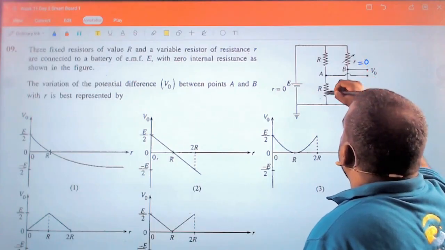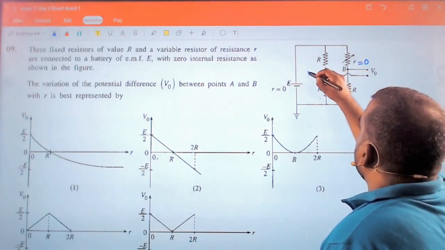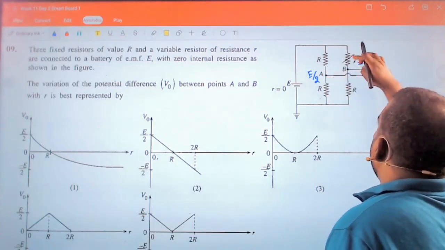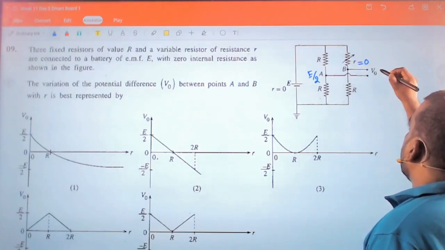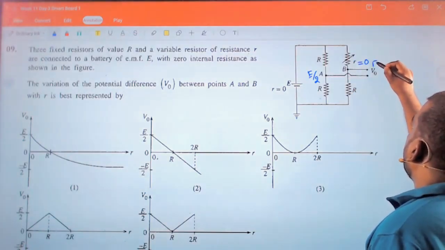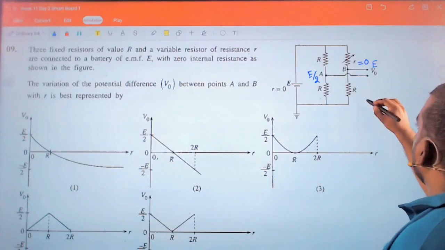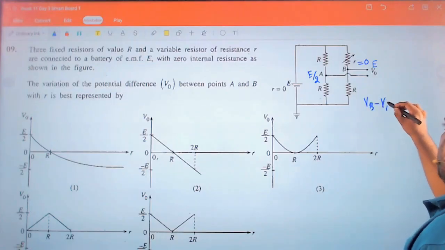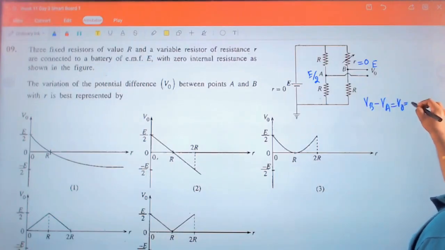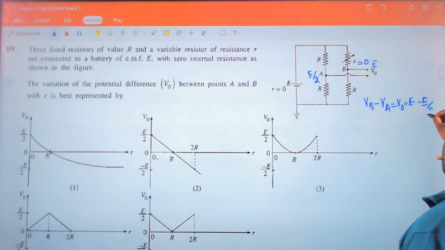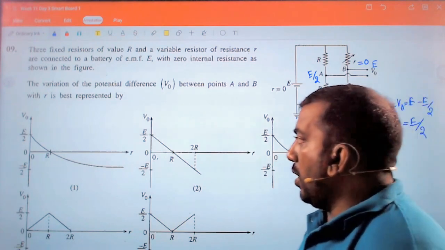If current can divide here, equal resistors, here E over 2. Here only this resistor is there, so therefore E. Potential difference is VB minus VA. V output E minus E over 2. That's going to be E over 2.